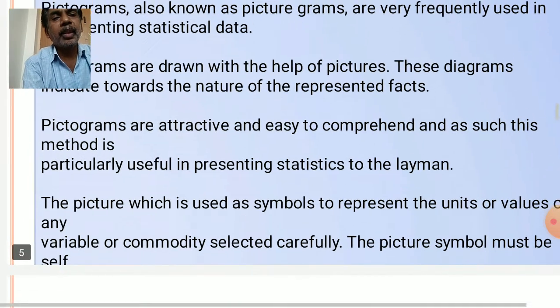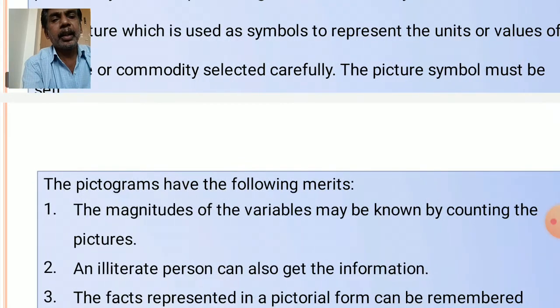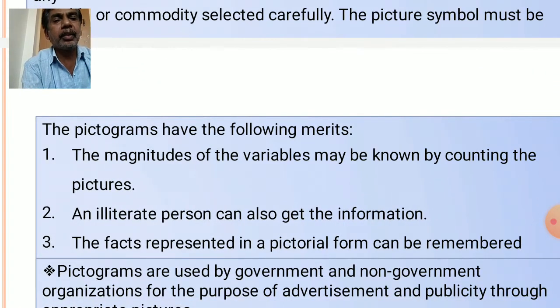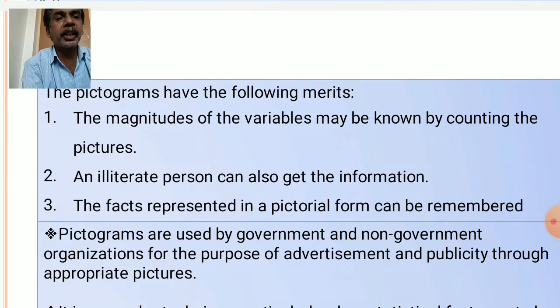Now, pictograms have certain merits. The magnitudes of the variables may be known by counting the pictures, by counting each picture.